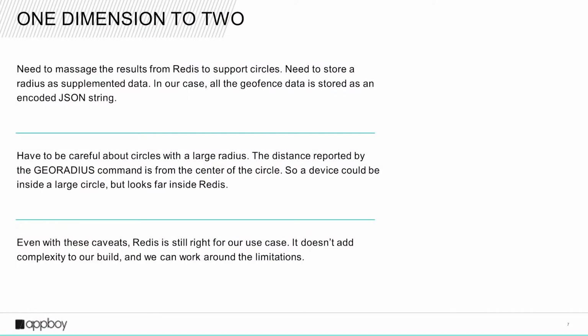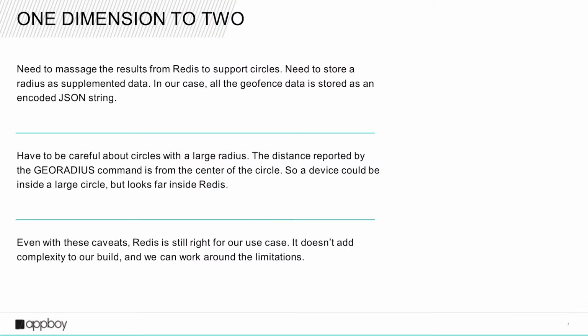Then you have to be a little bit careful if you're doing geofences where some are much larger than others, because you could be closer to the edge of one with a large radius, but Redis tells you the distance is really far because it's just looking from the center point.